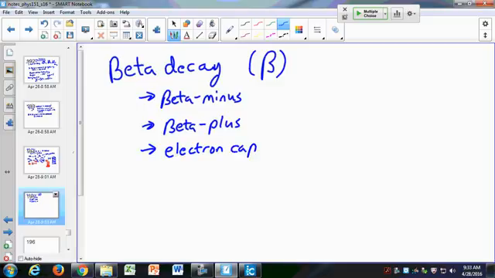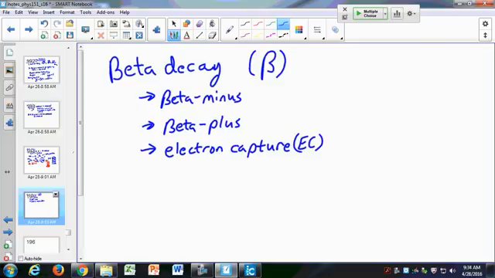So 3 different flavors. And actually, electron capture is different from beta minus and beta plus because instead of emitting a particle from the nucleus, you're actually taking a particle from the inner orbitals of the electrons. So you're stealing away an electron and forming with the proton, making a neutron out of that. I'll abbreviate electron capture as EC. You have beta minus, beta plus, and electron capture.